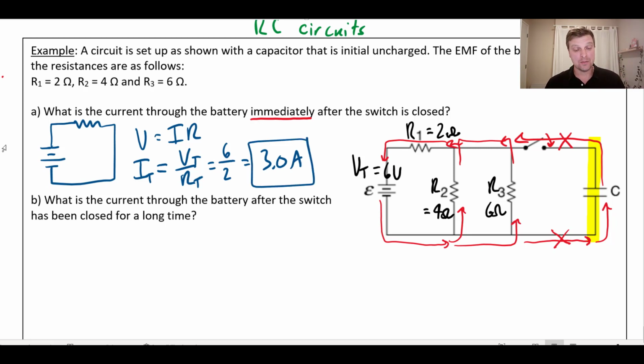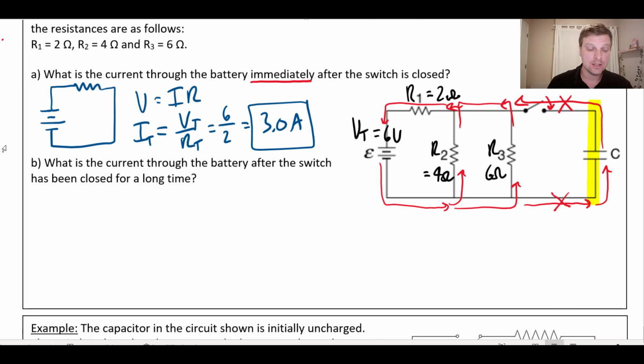Now, question B, after a long time. After a long time, again, this alternate pathway is no longer an option. Even though this switch is closed, no electrons are going to flow to that capacitor because it is effectively full. So after a long time, the circuit is going to behave like it did before we closed the switch in the first place, where I'm going to have a total resistance.